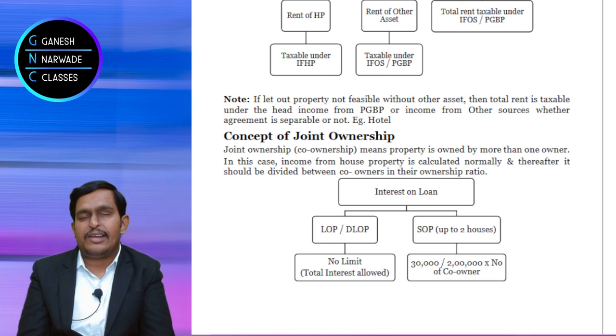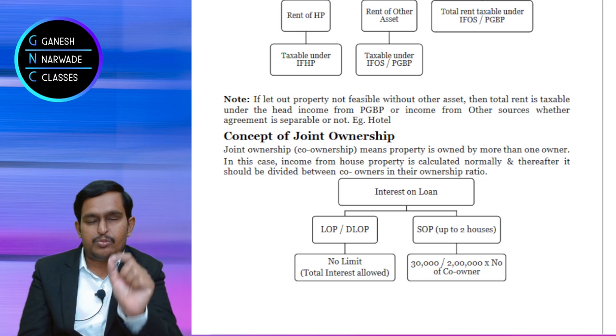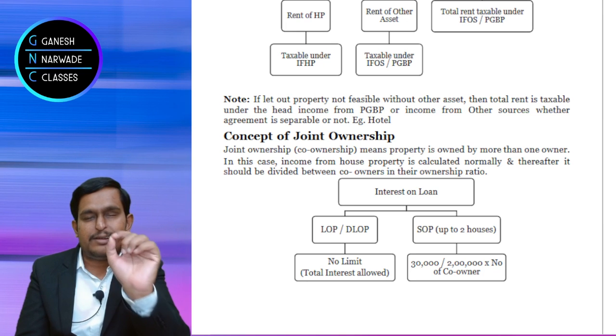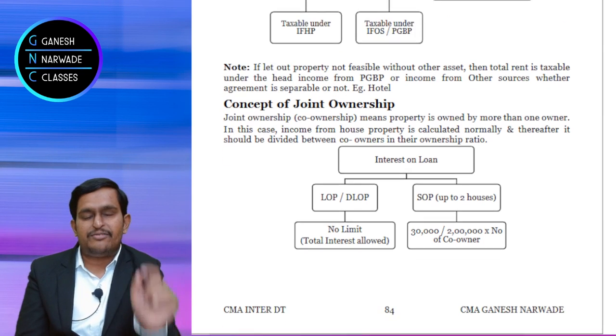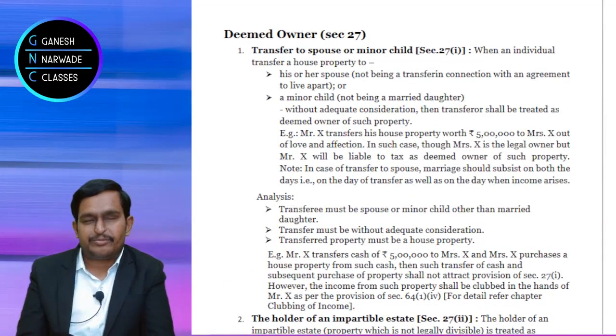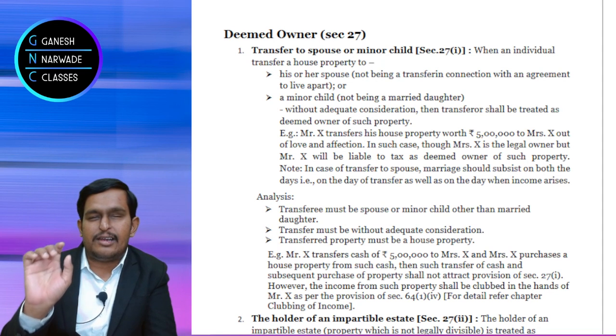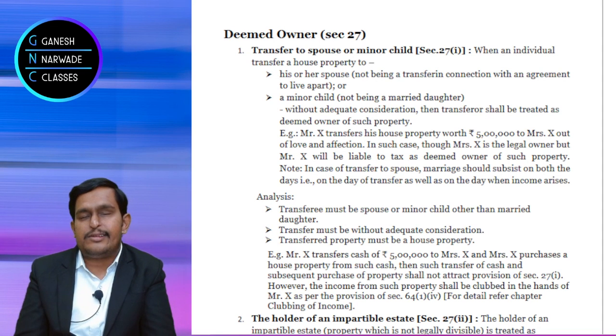So the transferor is the deemed owner if he transfers it to a spouse. This is the general rule. But if the consideration is paid, then the transferor is not the deemed owner. If they are going to live apart, then the transferor is not the deemed owner. Then who is the deemed owner in these two cases? Who holds it?